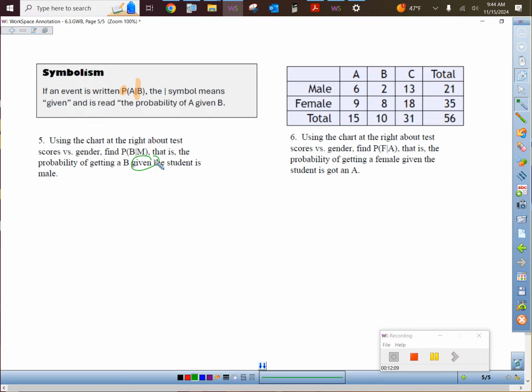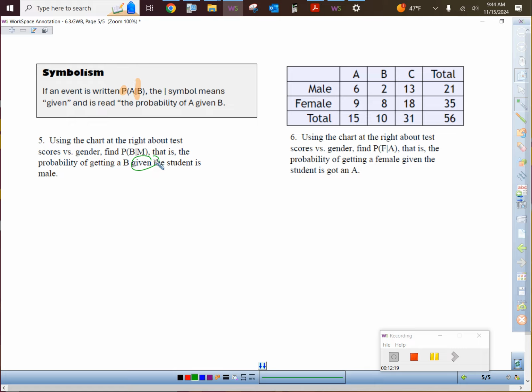What if I said I'm going to pull a name out of the hat, all your names are in there, and the winner that I pull out gets $1,000, right, from me. But given, only girls' names are in there. Would you believe that no boys have a shot at it in that case, because there was a given stipulation? So they say, what is the probability of getting a B given that the student is a male? Are you with me on that?